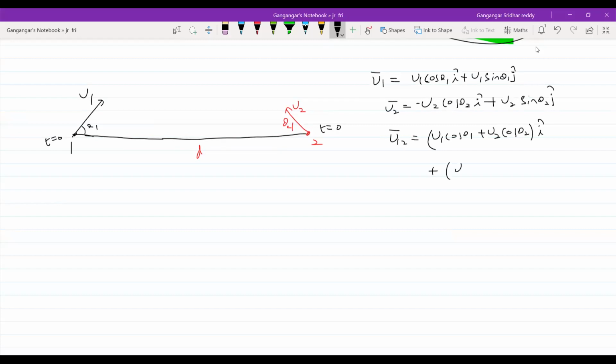And this will be u12 bar, no? So (u1 sin theta 1 minus u2 sin theta 2) j cap. Call this u12x, the x component, and the y component.